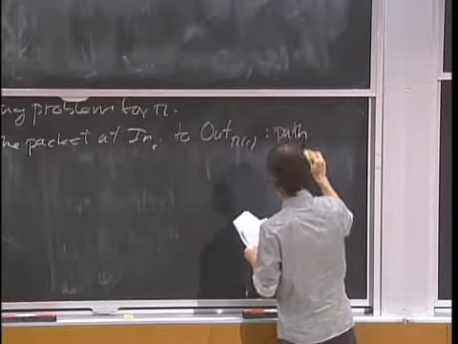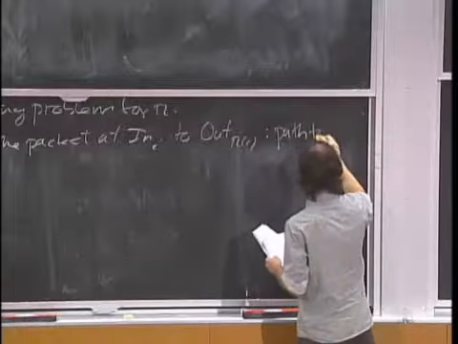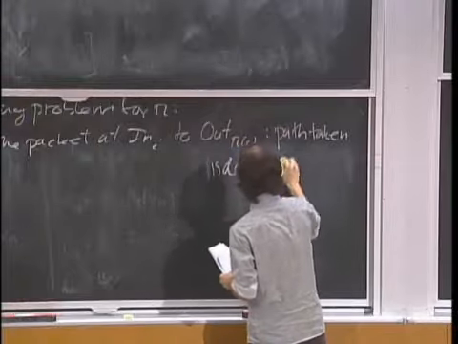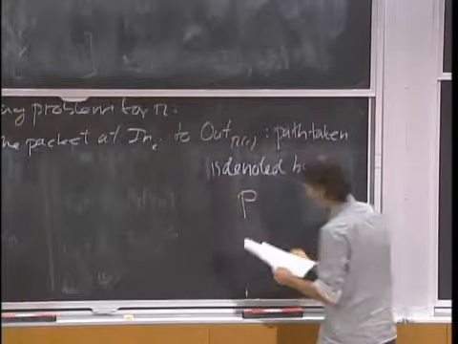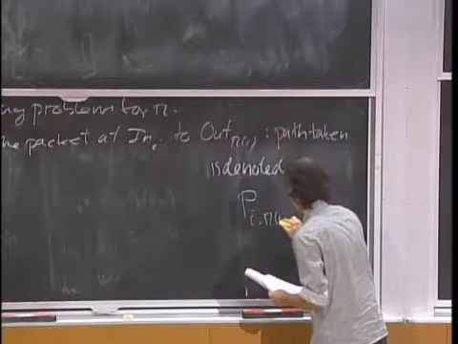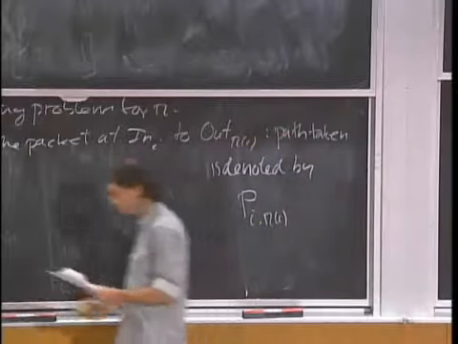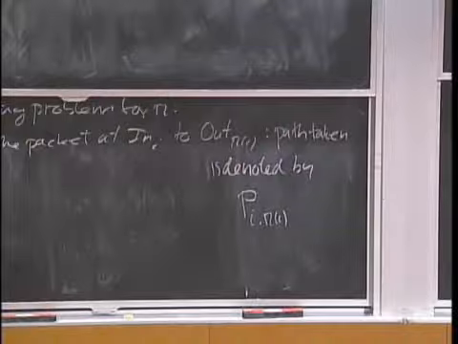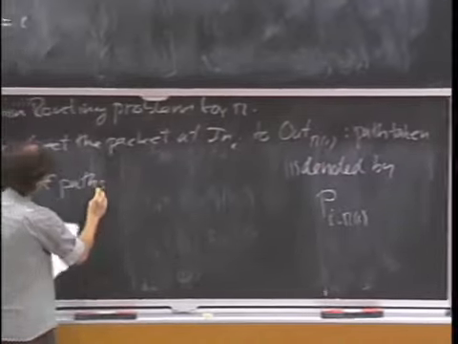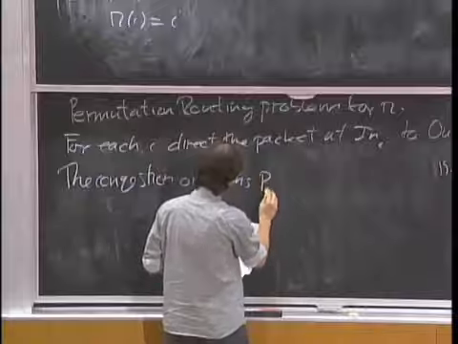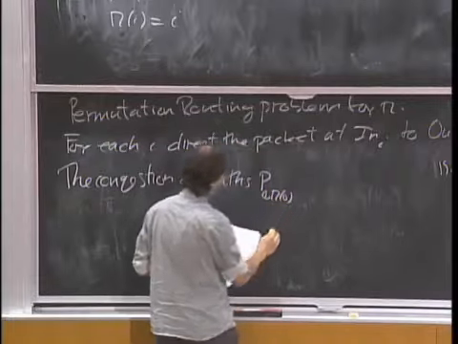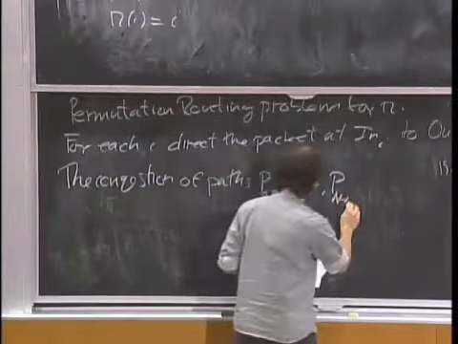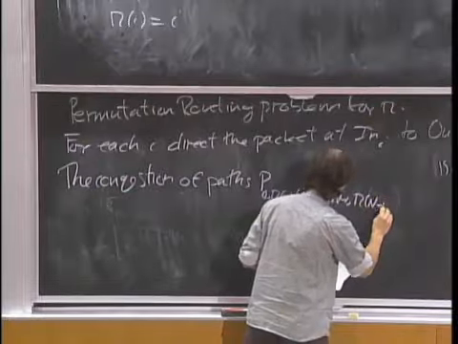The path taken is denoted by P_i,pi(i). Now we can define the congestion of a set of such paths. So the congestion of the paths corresponding to P_0,pi(0), and so on, all the way up to the (n-1)th input that needs to be mapped to pi of n-1.